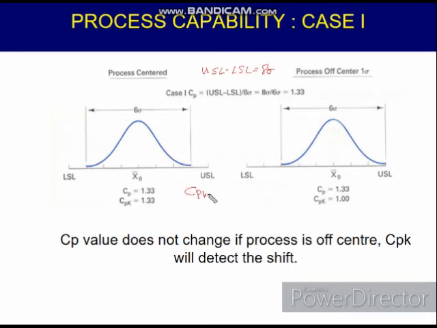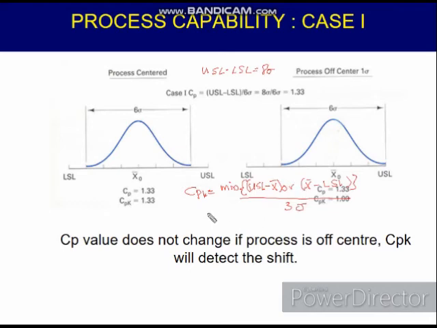CPK is equal to the minimum of either upper spec limit minus x bar, or x bar minus lower spec limit, divided by 3 sigma.